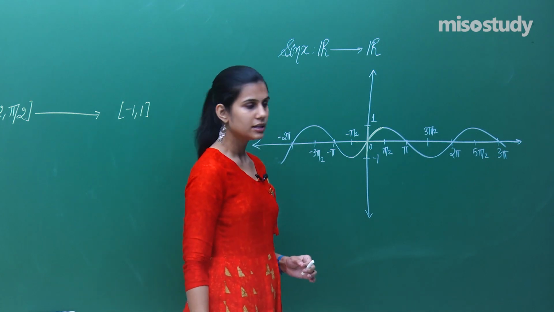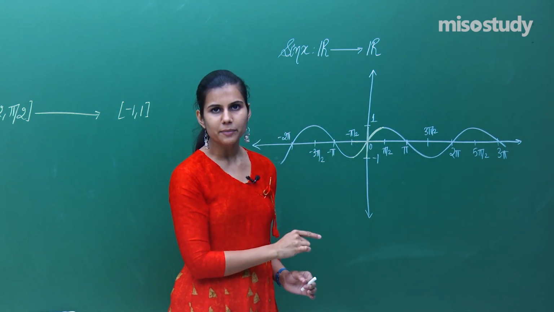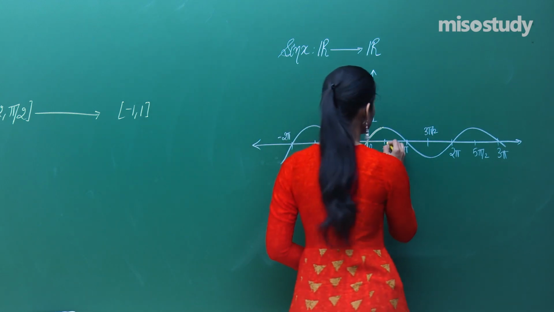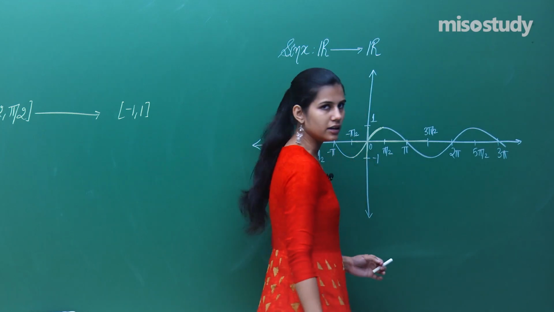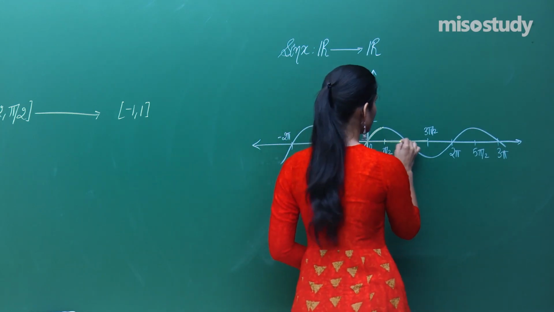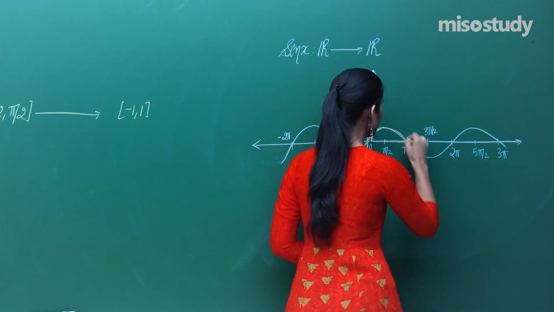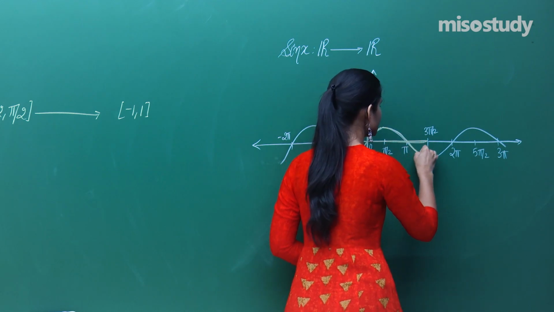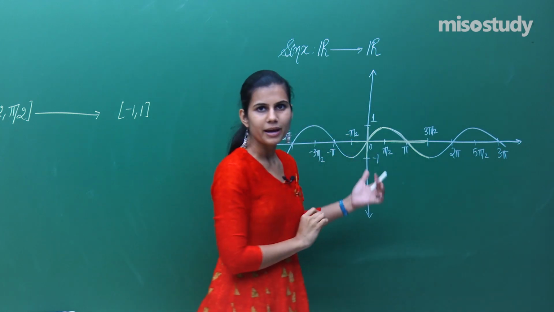If, instead of restricting the real line to the closed interval minus pi by 2 to pi by 2, we had restricted it to the closed interval pi by 2 to 3 pi by 2, again the graph that would have come would not have had any turns, and it would again cover all the values from minus 1 to 1.